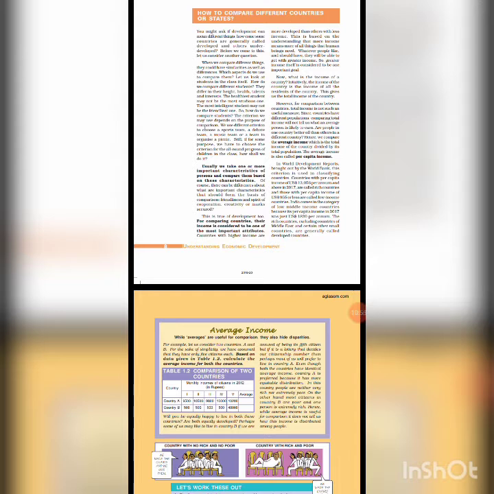So if per capita income were used as the measure of development, Maharashtra would be considered the most developed state of the country, whereas for the development of a nation, average income or per capita income is needed.